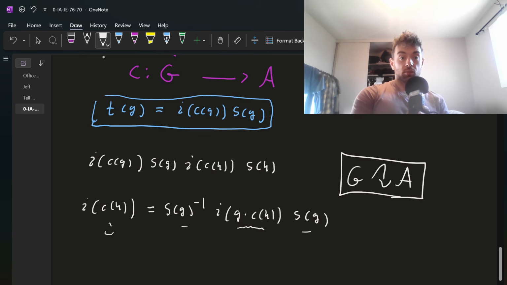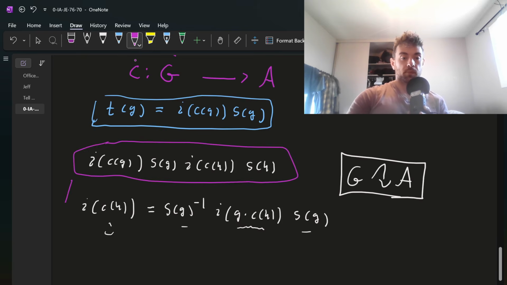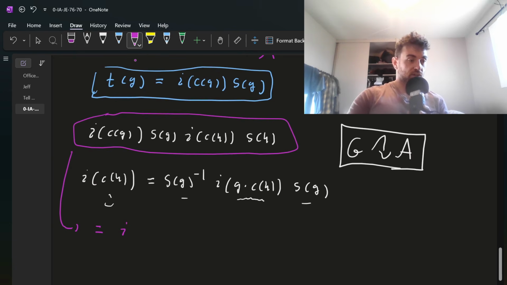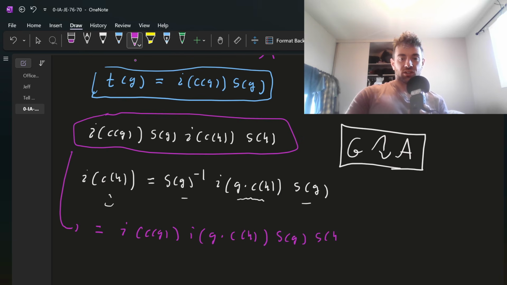So if we take this term here, we can rewrite it in the following way. So bear with me here for a second. This is going to be i of c of g times i of g dot c of h, s of g, s of h, right?